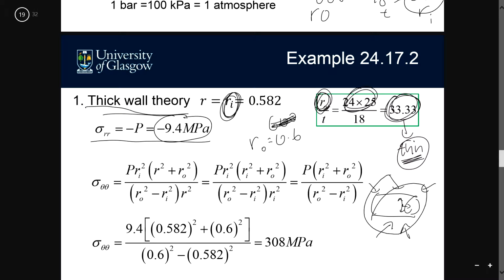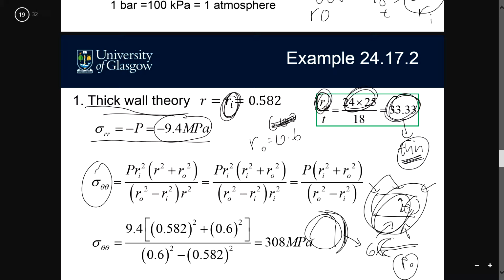In our case, at the surface, at the thickness itself, sigma rr goes in this direction, and the counteracting force is the pressure outside. Now you apply sigma theta theta, the formula we have derived, and sub in ri square instead of r square, because we want to calculate in terms of internal radius and external radius and compare the results.